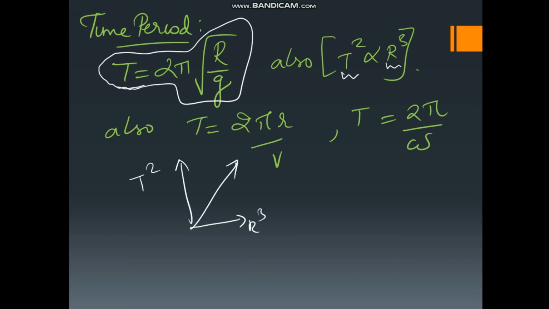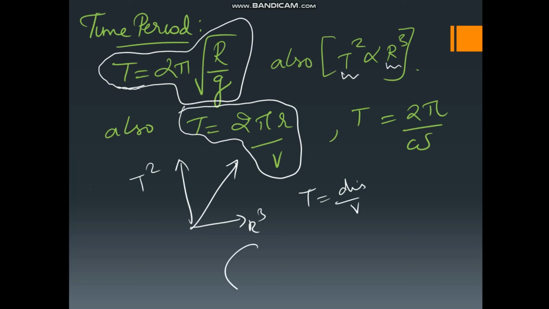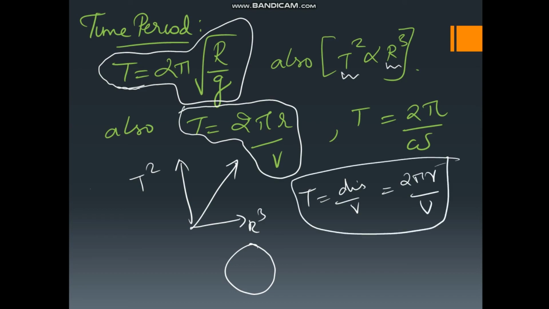You can also use T is equal to 2 pi r by v according to the given condition. What is time? Time is nothing but distance by velocity. For completing one circle, the distance is the circumference, which is 2 pi r divided by v. Time period is also equal to 2 pi by omega, where omega is the angular speed.